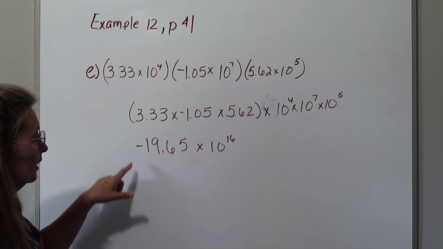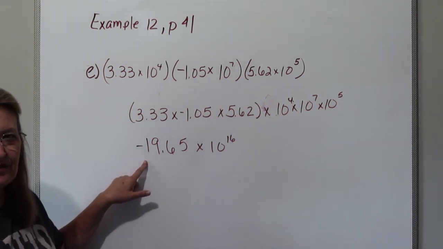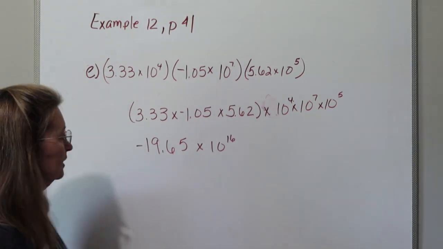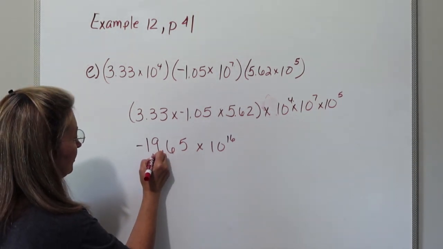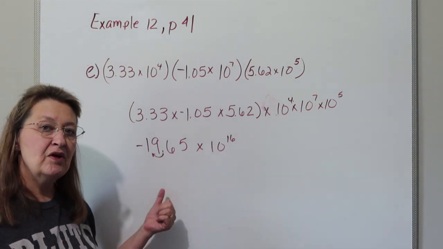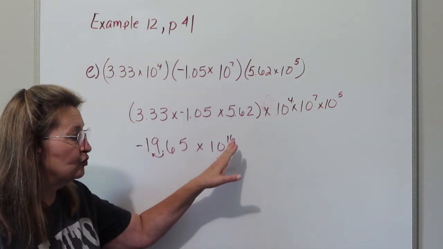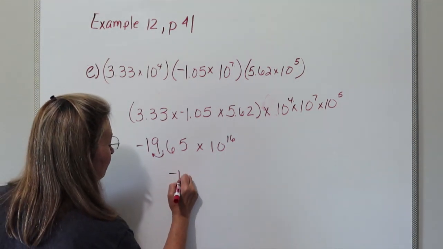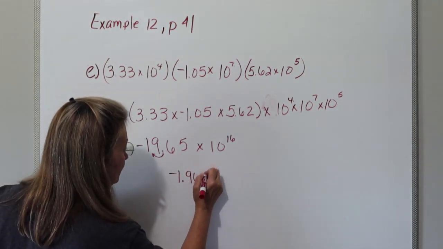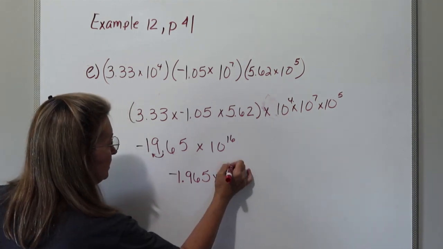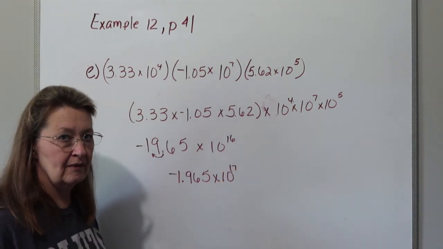No, why not? Well, this 19.65, its absolute value is not between 1 and 10. So my decimal is going to need to go to the left one time. And since I moved to the left, I'm going to raise my exponent by 1. So now I have negative 1.965 times 10 to the 17th.